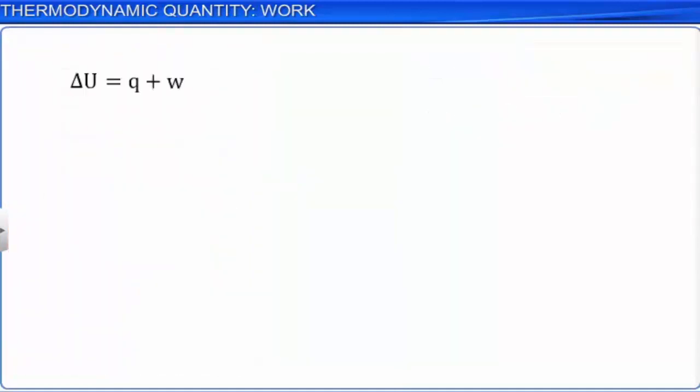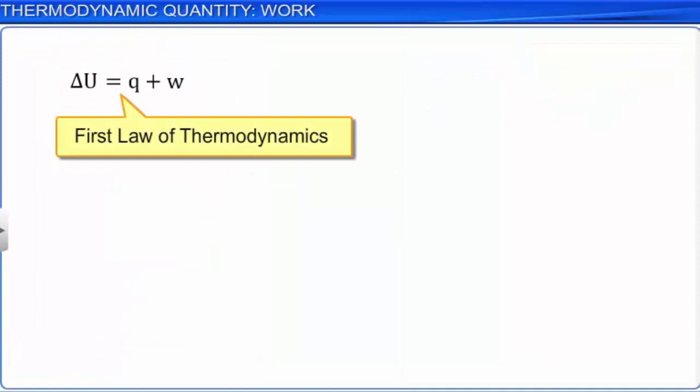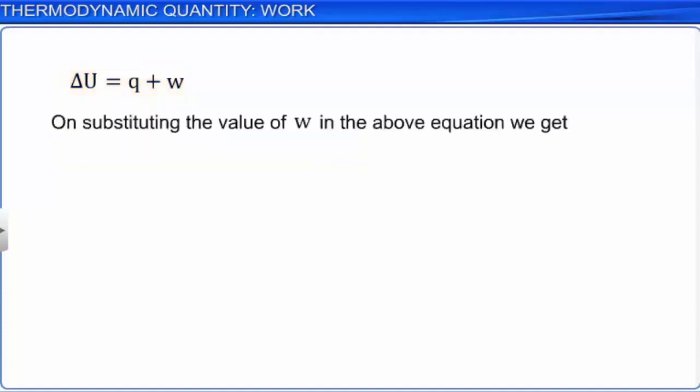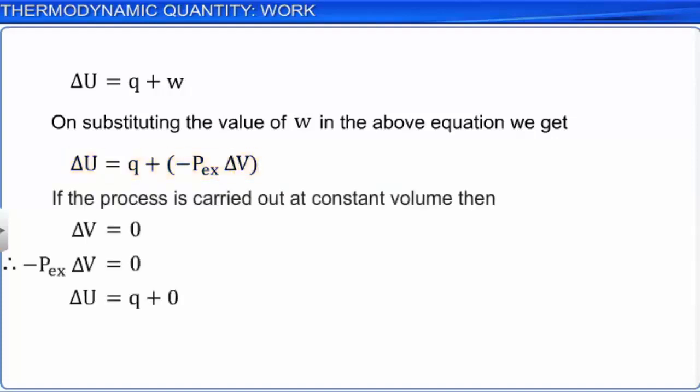We know that according to the first law of thermodynamics, the change in internal energy is represented as delta U equals Q plus W. On substituting the value of W in the above equation, we get delta U equals Q plus minus P_ex multiplied by delta V. If the process is carried out at constant volume, delta V is 0.